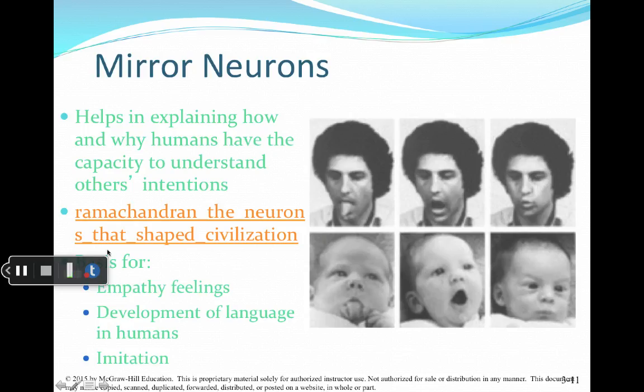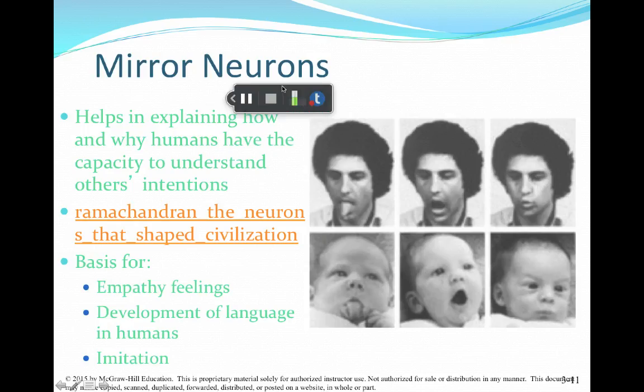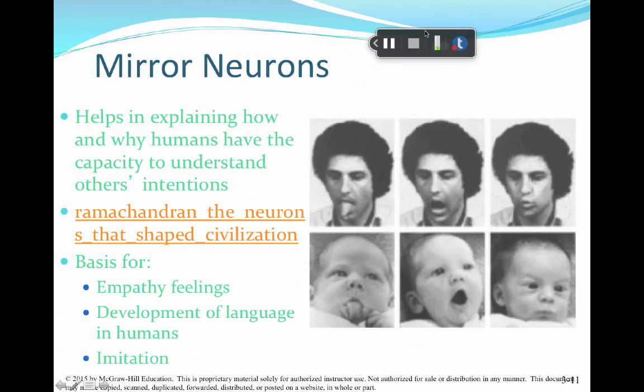So mirror neurons are neurons that give us a sense, it helps explain why humans have the capacity to understand others' intentions.